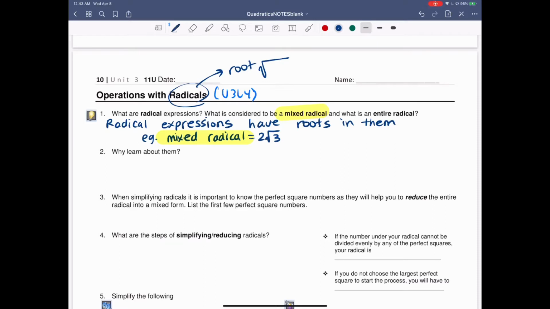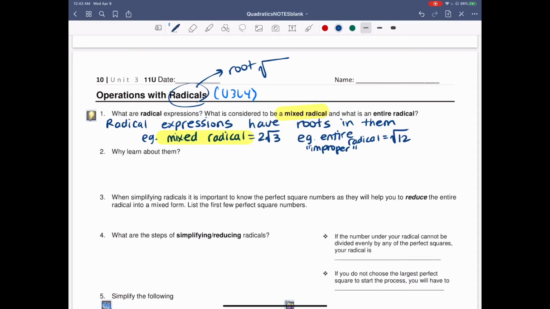And an example of an entire radical, another word for it could be an improper radical, is when you have the square root of 12. The reason that is an improper radical is because, what is 12 divisible by?